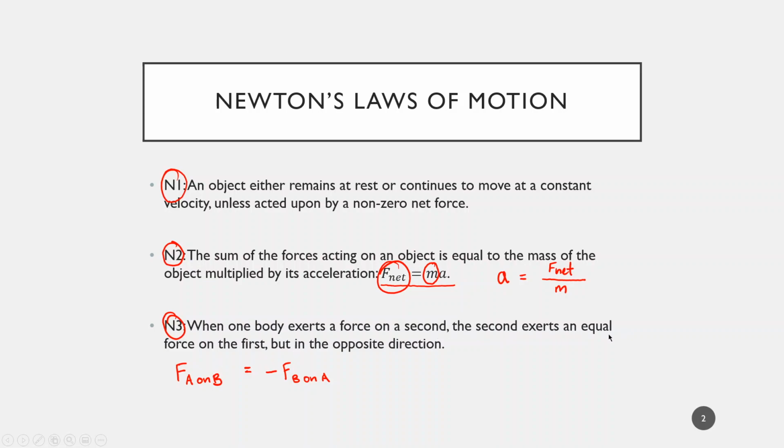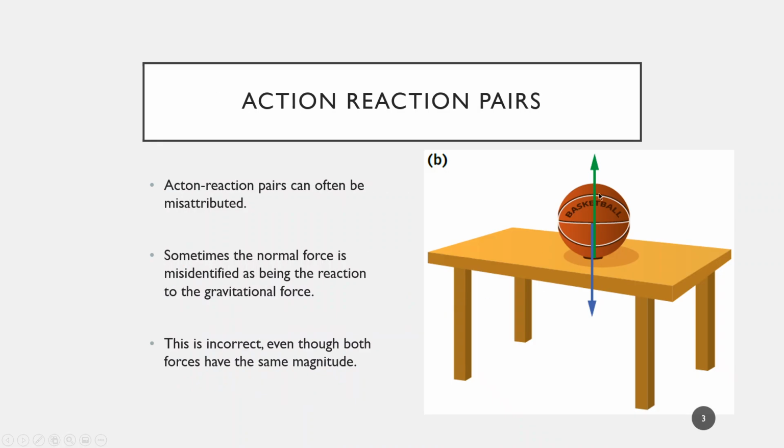So the ball exerts a gravitational force on the Earth, but in the opposite direction. So the ball would be pulling, here's the Earth down here, the ball would be pulling the Earth up towards it. And this arrow that I've just drawn should be equal in magnitude to this blue arrow that's being applied to the ball.